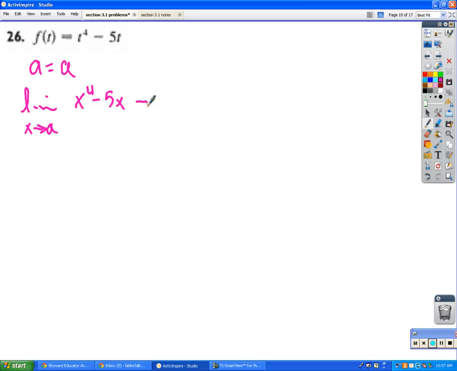Minus f of a, which would be a to the fourth minus 5a, all over x minus a. And this is not going to work, because we have to use h with this. So that's a case where that general definition is going to be a failure.